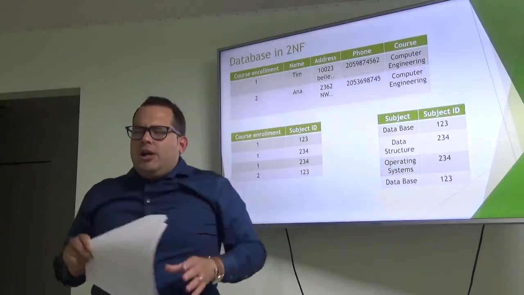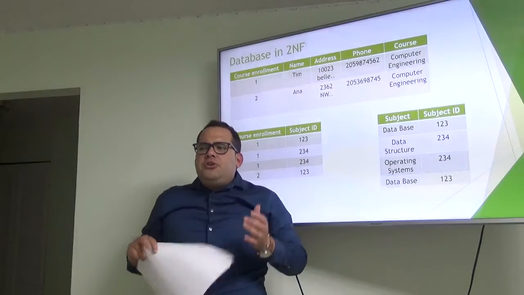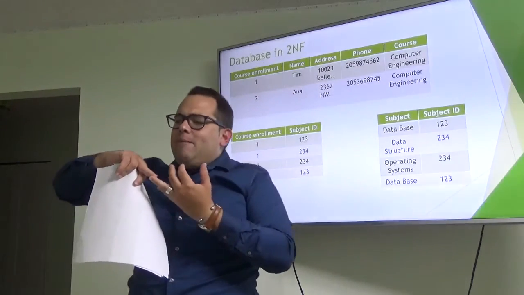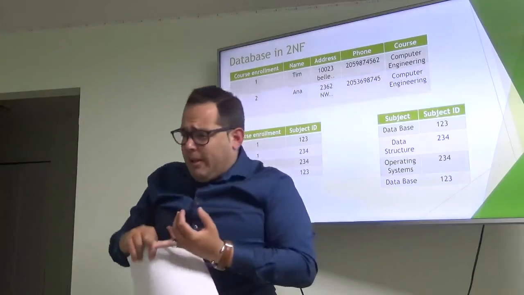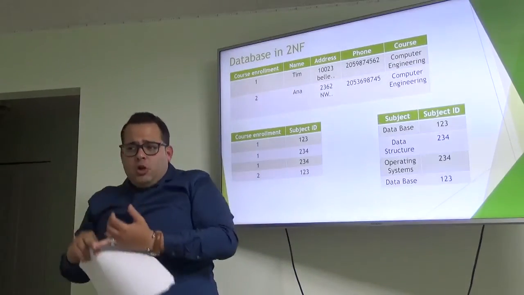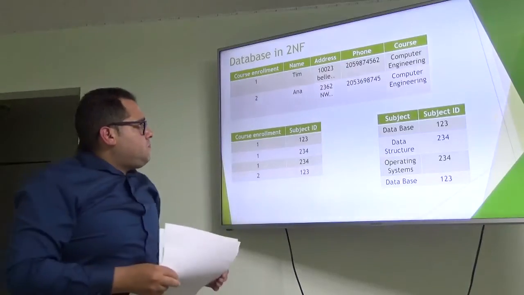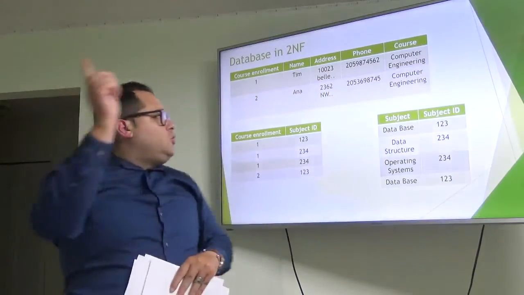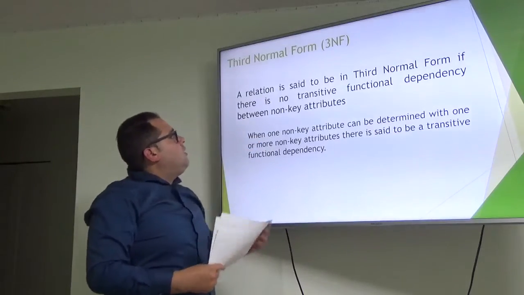Any doubt until here? It's very important here to take the dependencies into account. The current database must be in the first normal form. Okay? Well, let's go to the third normal form.